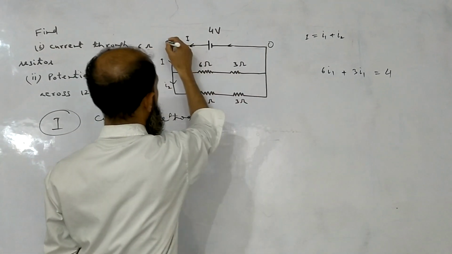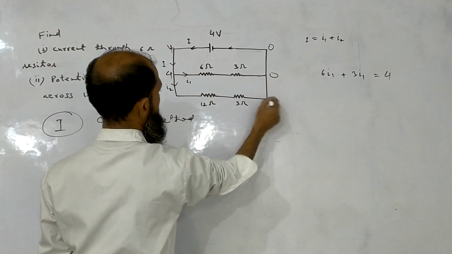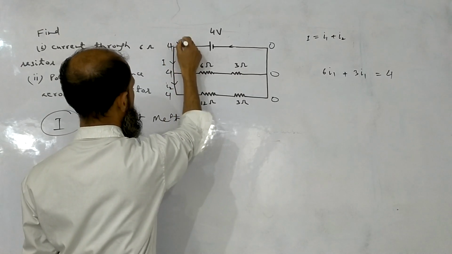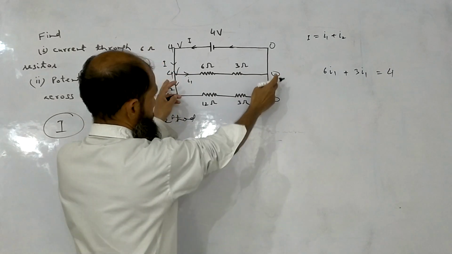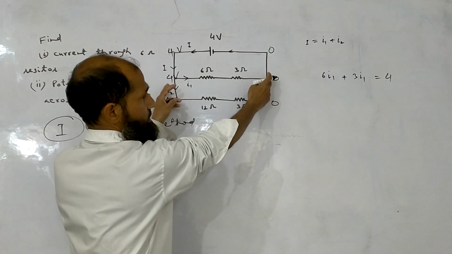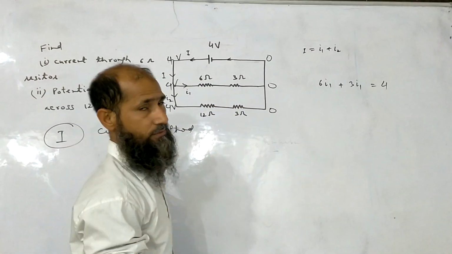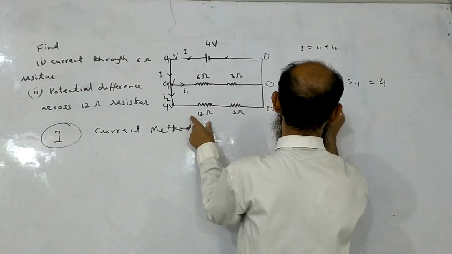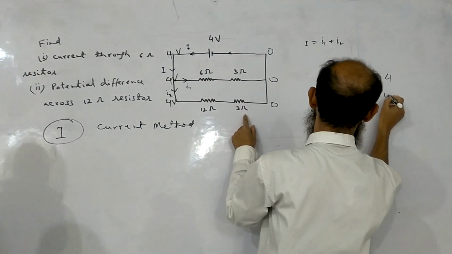So here 0 volt, then 4 volt. Now the potential difference across these two ends is 4 volt. So 4 must be equal to 6I1 plus 3I1. Likewise in this we have 12I2 plus 3I2 must be equal to again 4.